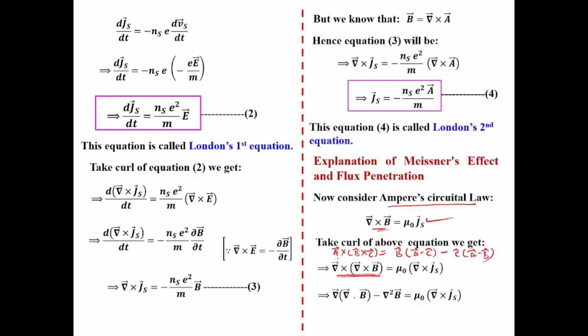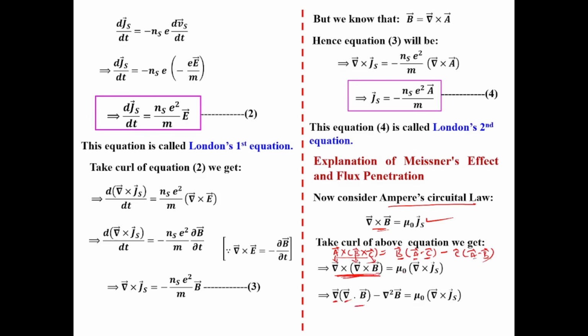You just compare this with this one. Here A is the del, B is the del, C is the so-called B vector. So here A means del, B means del, and C means the B vector, del dot B.